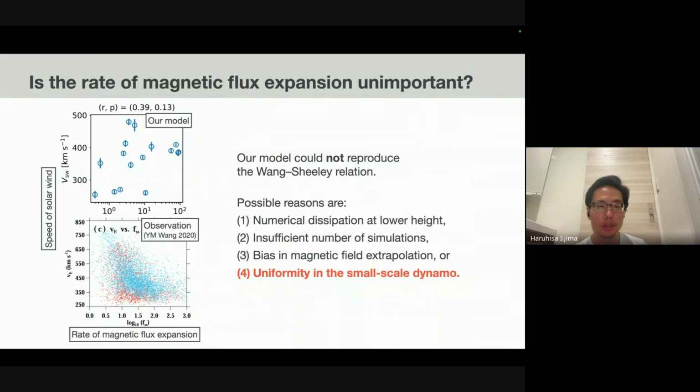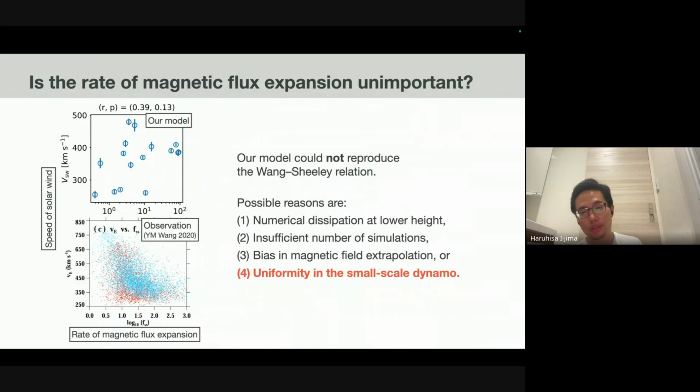Especially in the observations, we have a solar wind speed of 600 or 700 kilometers per second, but numerically we could not reproduce such a fast solar wind speed. So that is a very important weak point of our simulations.